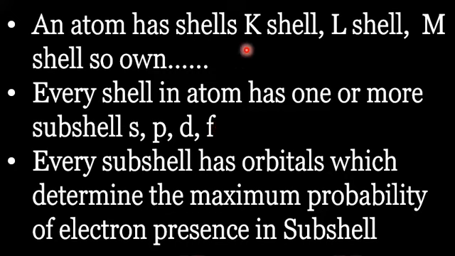As a whole, the K shell of an atom can have a maximum of 2 electrons, the L shell a maximum of 8 electrons, whereas the M shell a maximum of 18 electrons. Every subshell has orbitals in it, and orbitals determine the maximum probability of presence of an electron in the subshells.